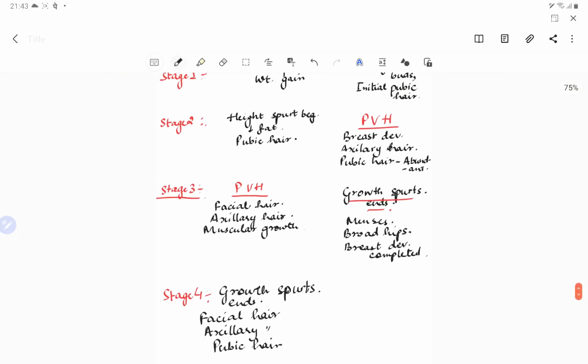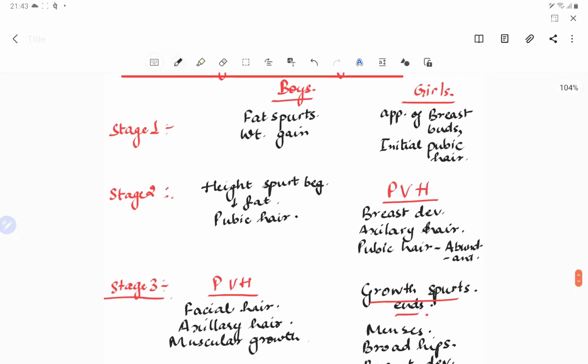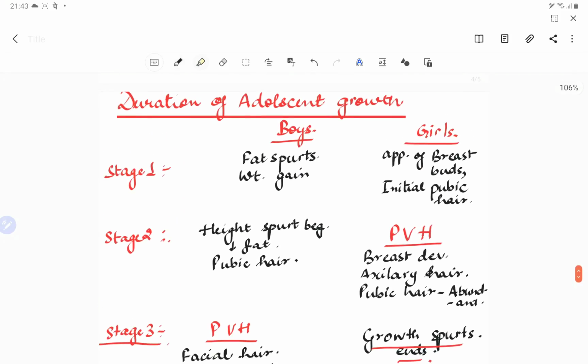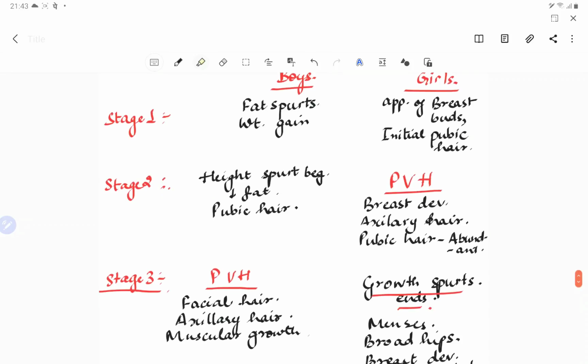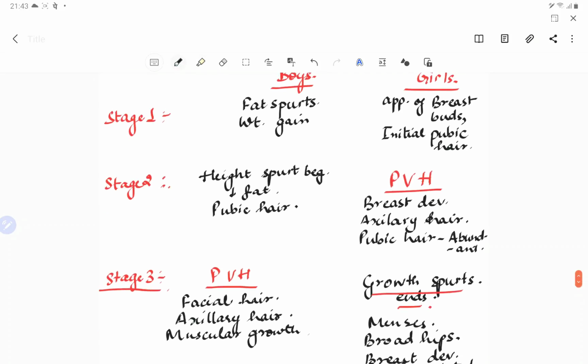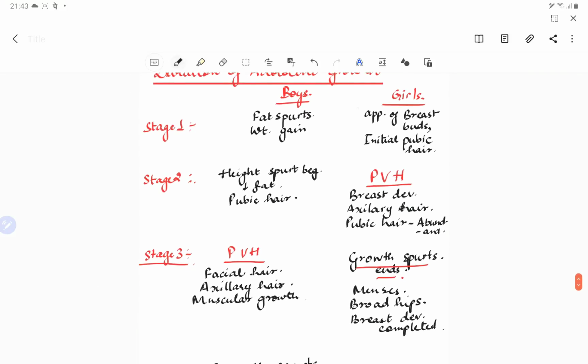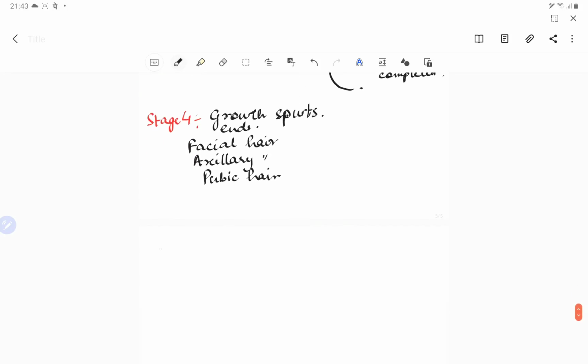To summarize, the duration of adolescent growth for boys is from stage 1 to 4, while for girls it is only stage 1 to 3. So for girls the duration is up to 3.5 years.